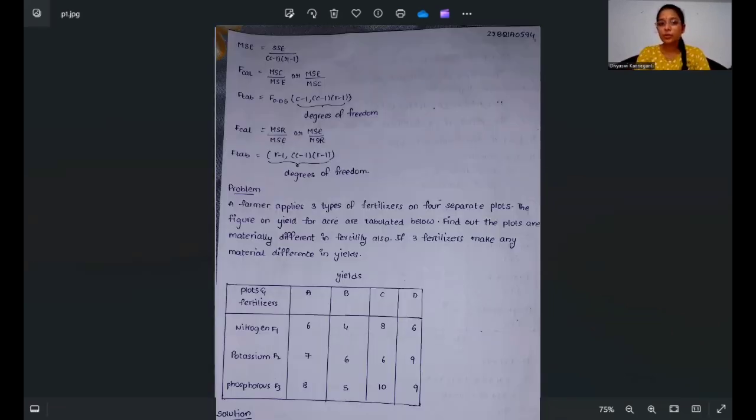Next is the mean square error, calculated using the sum of squares of errors divided by (number of columns minus 1) into (number of rows minus 1), that is (C minus 1) into (R minus 1).